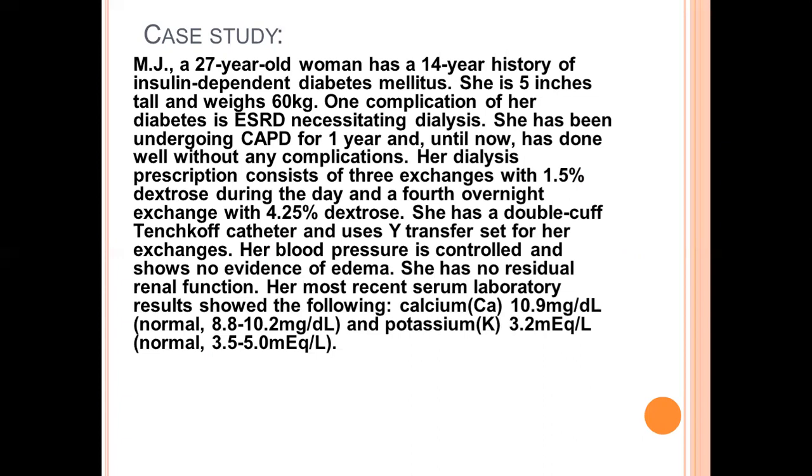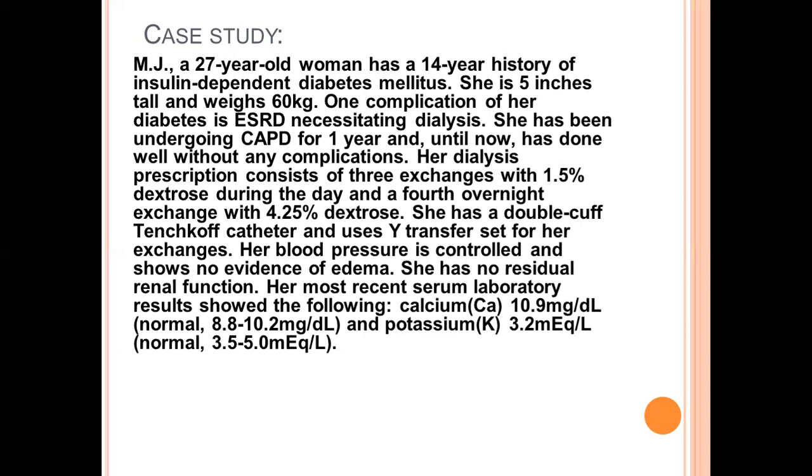Her most recent serum laboratory result showed the following: calcium 10.9, and normal is 8.8 to 10.2, which means there is an increased or elevated level of calcium. Potassium is 3.2 and normal is 3.5 to 5.